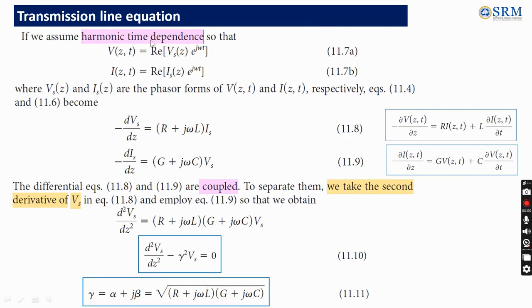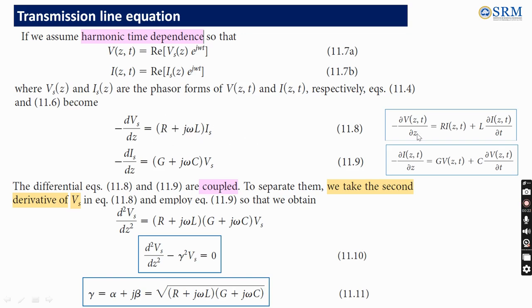So we assume the time harmonic dependence: V of Z comma T is going to be the real part of Vs of Z into e power j omega t. Similarly, the current. This Vs of Z and Is of Z are the phasor forms of the voltage and current terms, which are a function of both position and time.